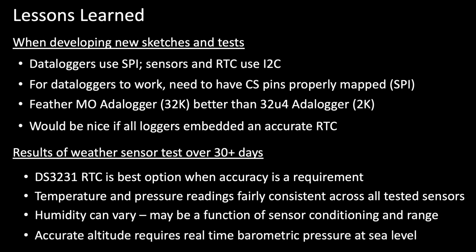And also, accurate altitude requires real-time barometric pressure at sea level. To use an assumed constant just means that your calculated elevation is going to change over time. In my case, over the course of 30 days, I had a standard deviation of 20 meters, so that says a lot.